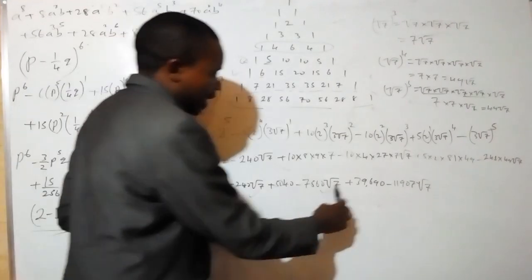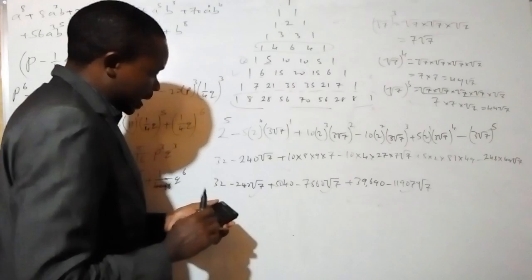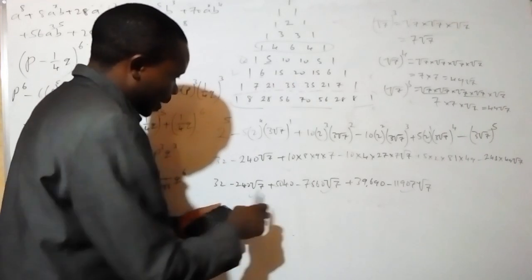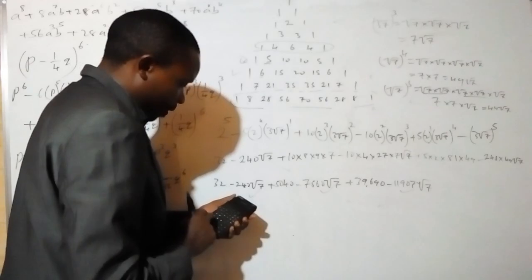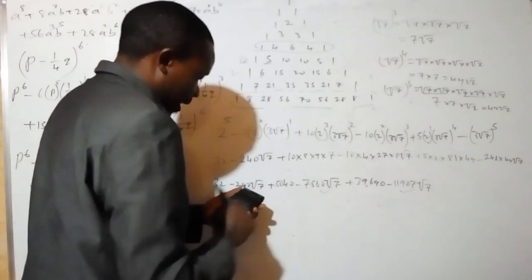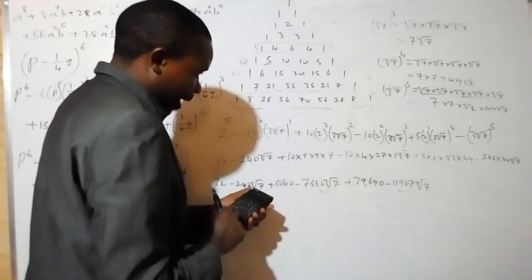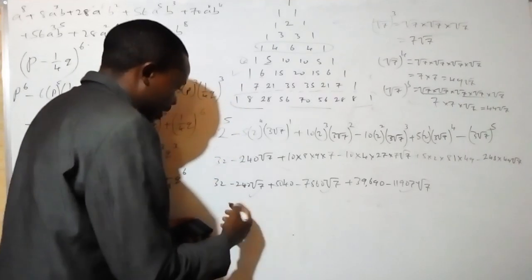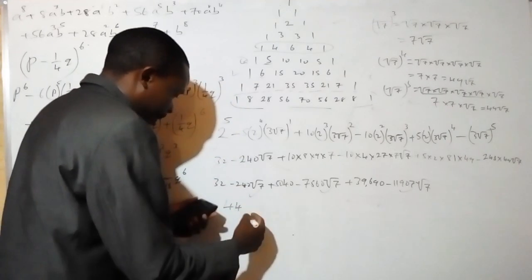Thereafter we are going to pick like terms. The rest we can say 32 plus 5040 plus 39,690, we get 44,762.